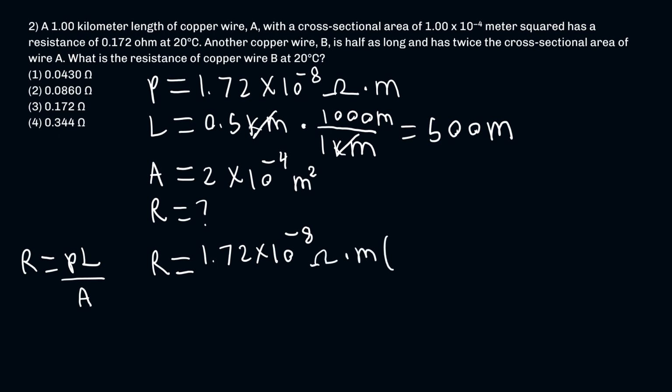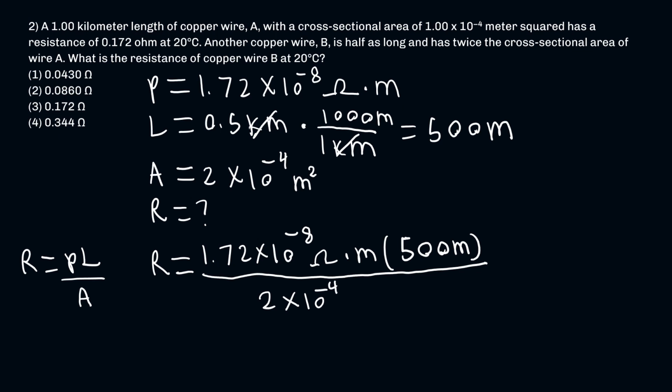This is then multiplied by my length of the wire, that is 500 meters, all over my cross-sectional area, which is 2 times 10 to the negative 4th meters squared.